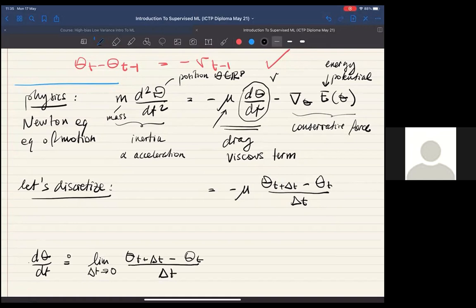Okay, this is the mathematical definition of a derivative, right? Now we're not taking delta t really going to 0, we just take it small enough, okay? All right, the last term, the energy term, is unchanged. And the second derivative is what?